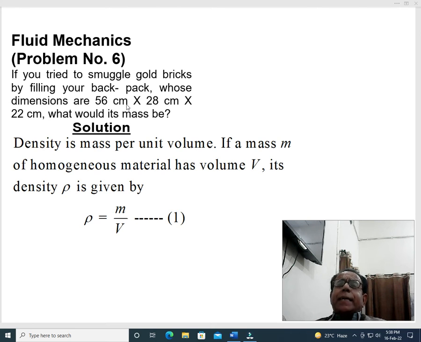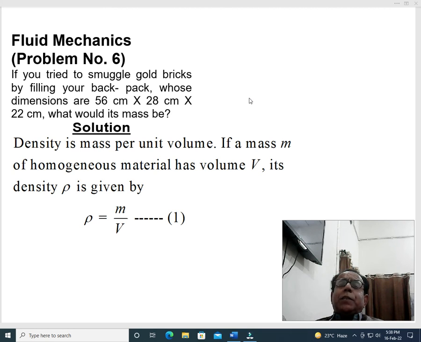Length, width, height will be converted from centimeter into meter, as 56 centimeter will become 0.56 meter, 28 centimeter will become 0.28 meter, and 22 centimeter will become 0.22 meter. Okay, now let us come toward its solution.